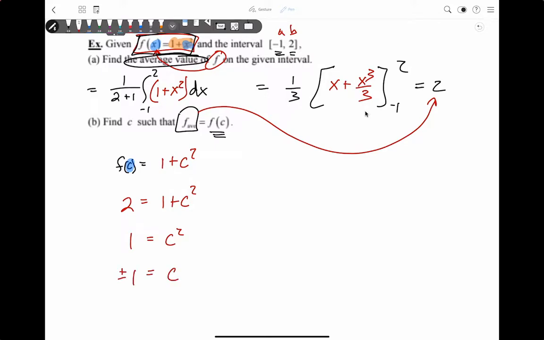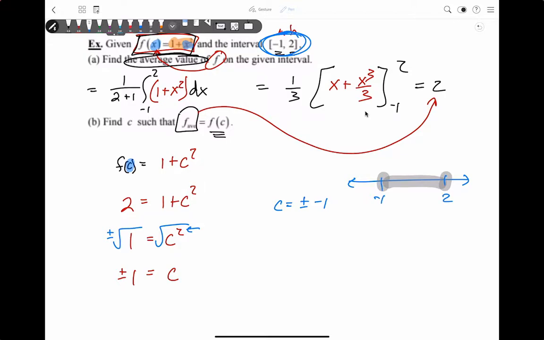Because you introduced this square root, remember when that's an even number, it will always have a positive or negative here. You don't do that if it was like c cubed or c to the 5th, and so on and so forth. So your answer could be c is equal to a positive or a -1, but because of our initial interval that was given, as far as -1 all the way to 2 and everything in between, only one of these can be the answer, okay?